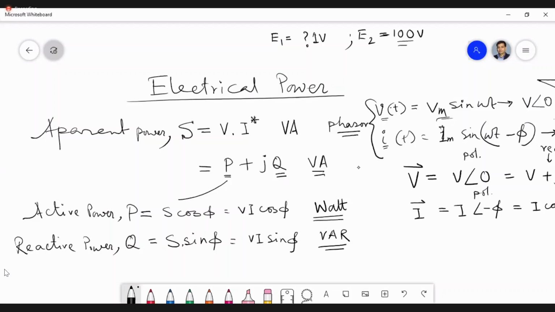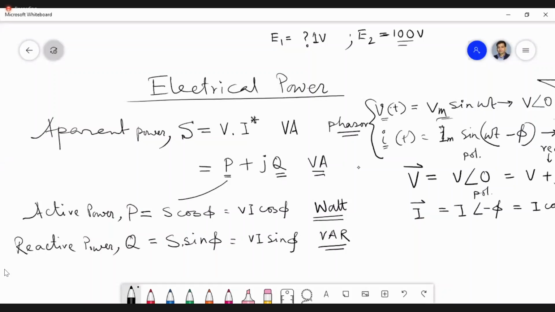So you should remember these three units. For apparent power, the unit is volt ampere. Active power is the real part of the apparent power, with the unit of watt. And Q, the imaginary part of the apparent power, is the reactive power, with the unit of VAR.